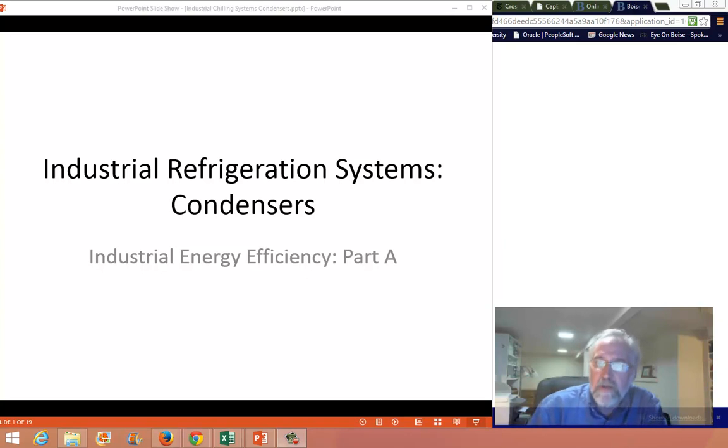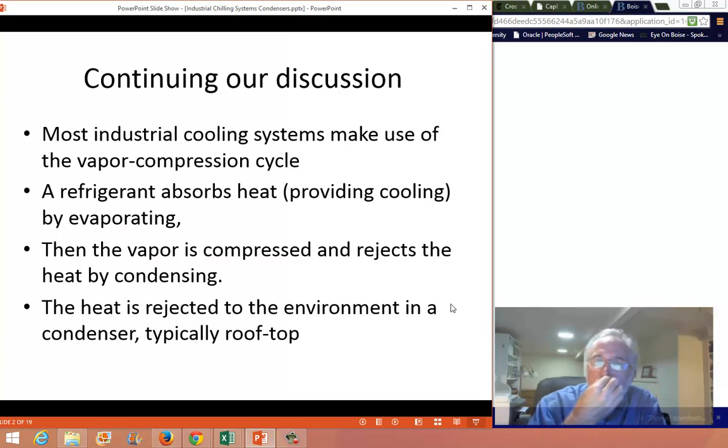So as you'll recall in our discussion, most of these industrial cooling systems use some form of the vapor compression cycle, the refrigeration cycle, using a refrigerant that at low pressure boils and absorbs heat, and that's how the heat is removed from the space you want to cool.